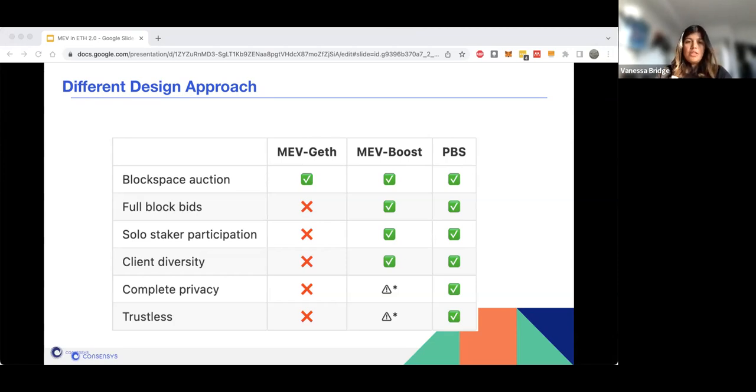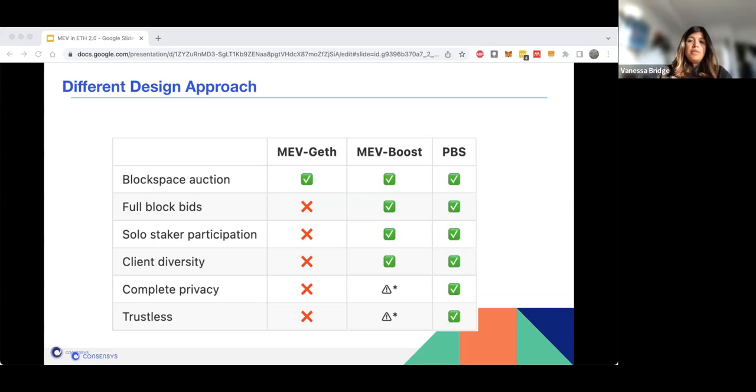In the context of Eth2, there's an interest to encourage not just big pools of stakers, but also to allow smaller solo stakers to participate. Like I mentioned, only one client has implemented MEV-Geth, and to encourage people to use different clients for the resiliency of the network, you also want to ensure that the clients are implementing these MEV solutions as well. And it doesn't provide privacy or trustlessness.